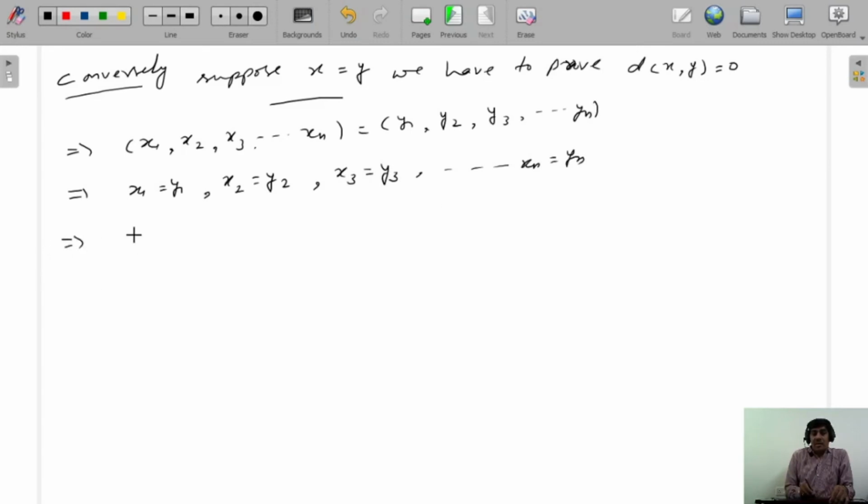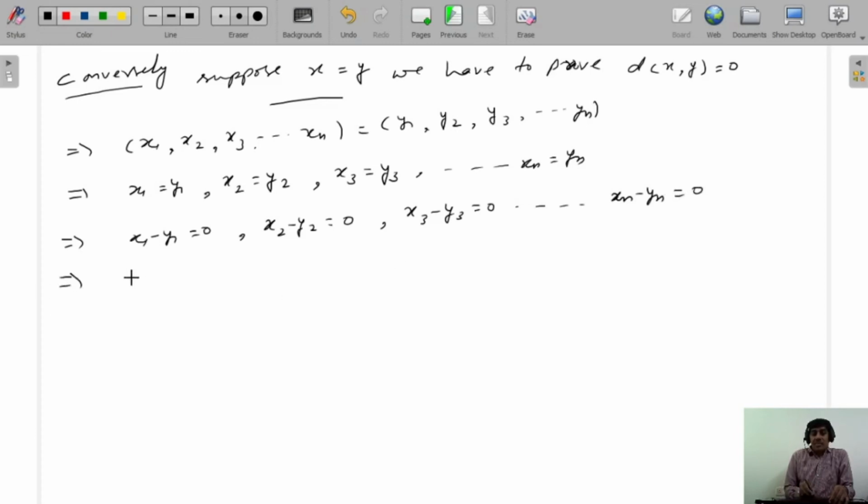This implies x1 − y1 = 0, x2 − y2 = 0, x3 − y3 = 0, and so on, xn − yn = 0.